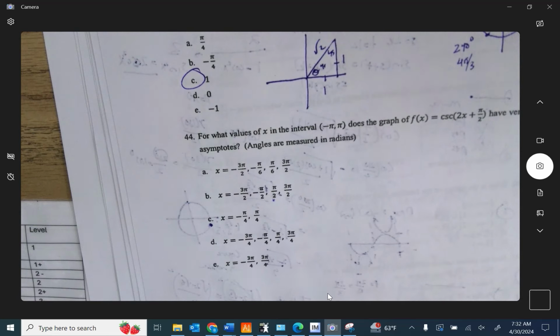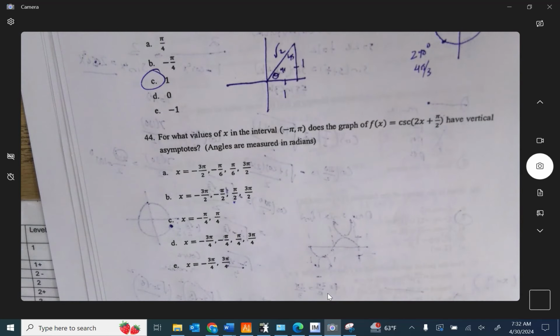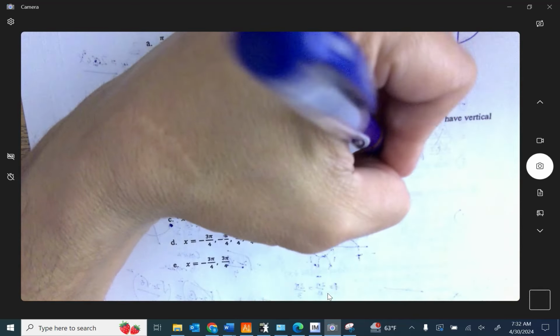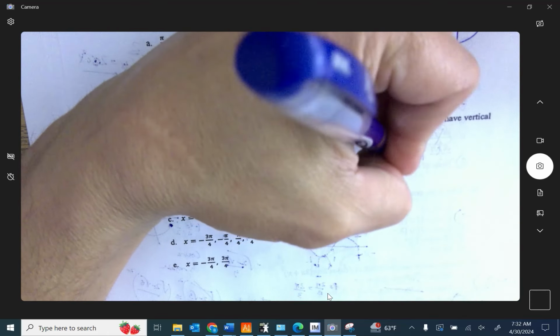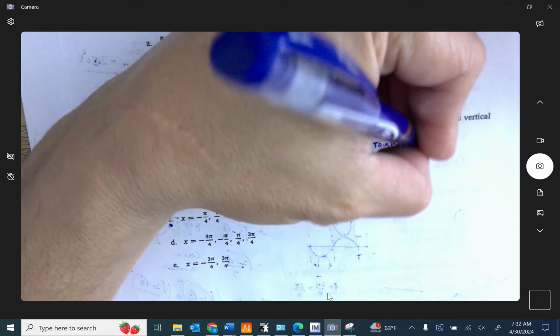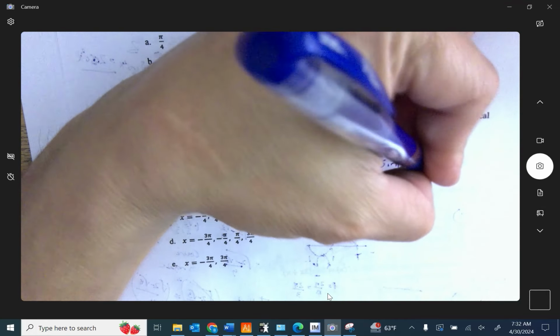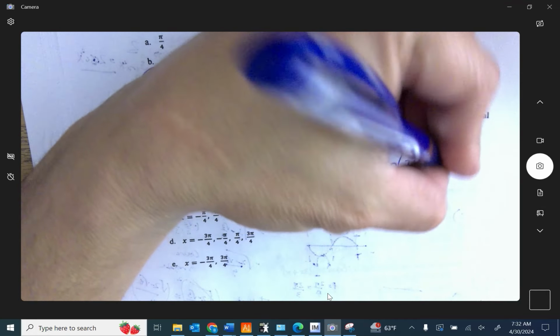44, for what values of x on the interval negative pi to pi does the graph of f of x equal cosecant of 2x plus pi over 2 have vertical asymptotes? And the angles are measured in radians. All right, so what we're going to do is rough graph the sine of 2 times x plus pi over 4.